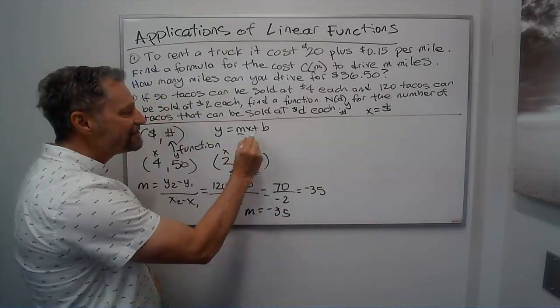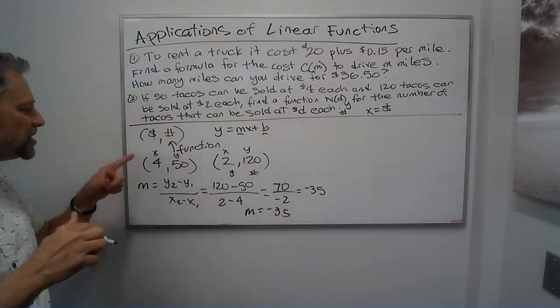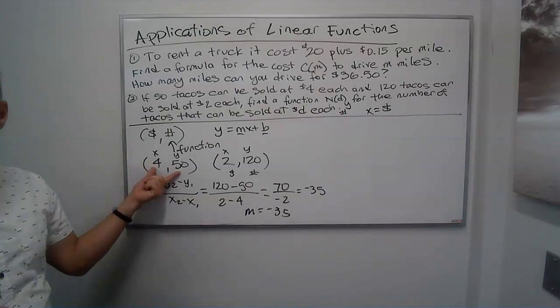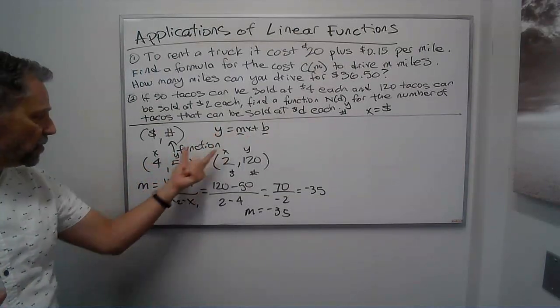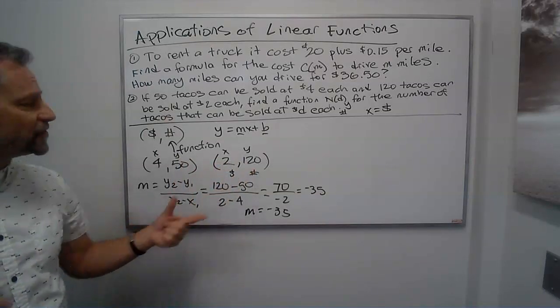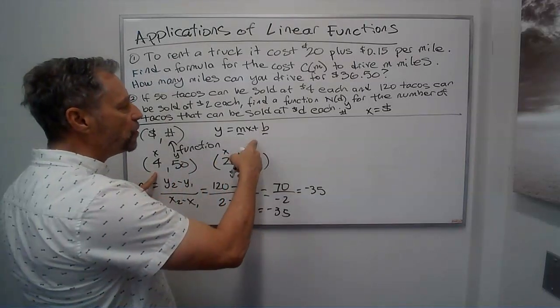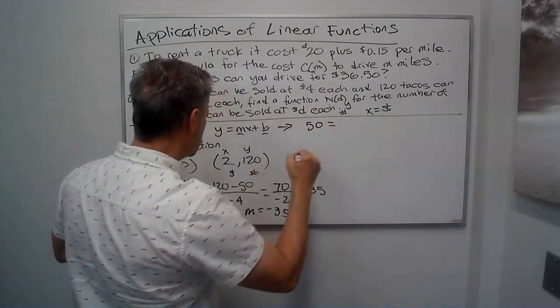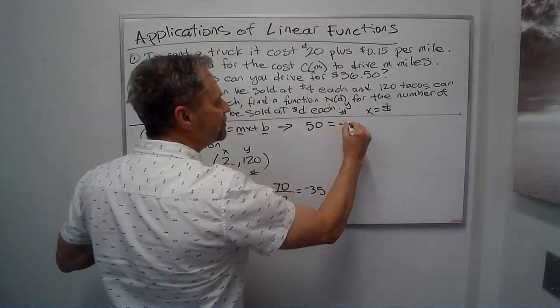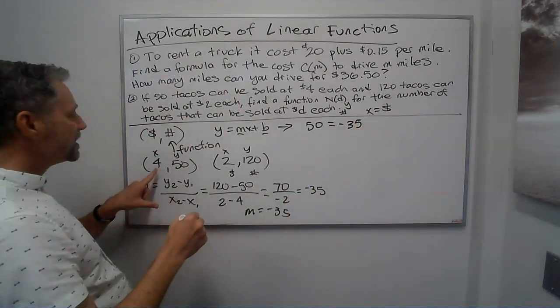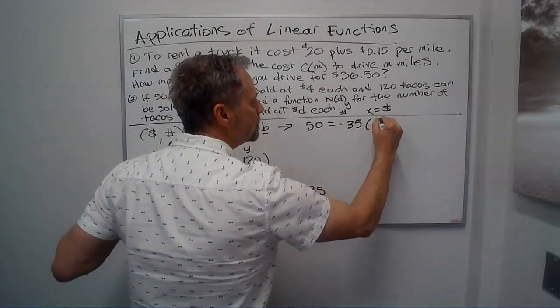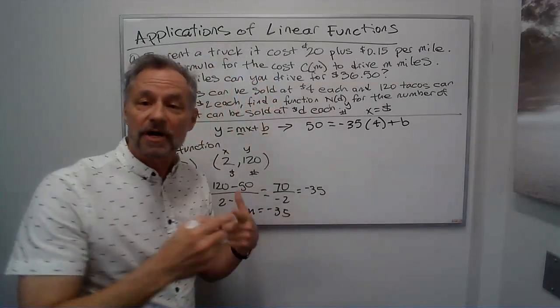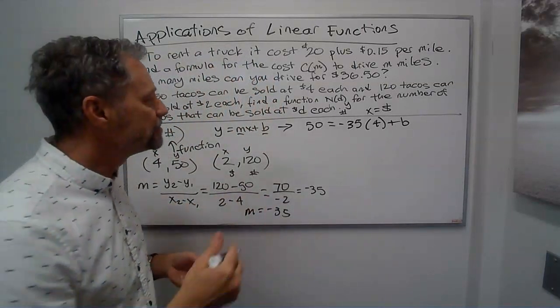Now that I have that, I need to find B. Well, I'm going to use one of these points. Let's use, say, the 4 and 50 to plug in for x and y. I can plug in this one also. So from y equals mx plus b, I'm going to get 50 equals negative 35 times 4 plus b. And I'm trying to find my b value, or my y-intercept. So let's see.